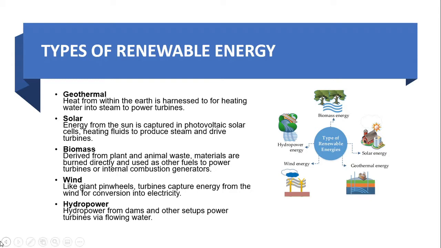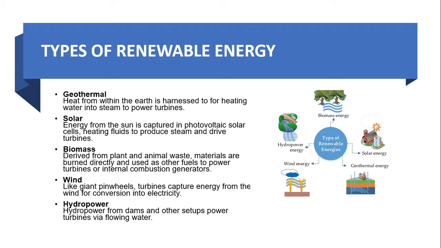Then we have biomass. Biomass is what we derive from plants and animal waste. Materials are burnt directly and used as fuels to power turbines or internal combustion generators. Next is wind. Wherever there are huge wind loads, we construct giant pinwheels.